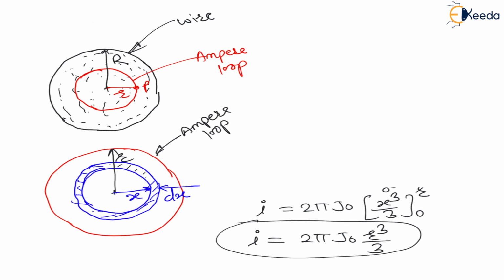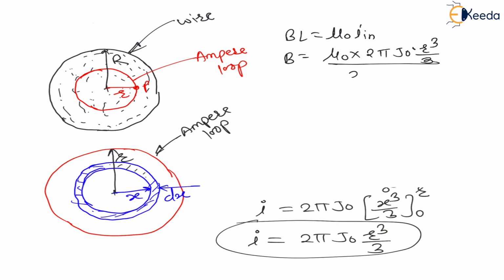From Ampere's Circuital Law, we know that B L is equal to mu naught I inside. Therefore, B is equal to mu naught I inside, which is 2 pi j naught into r cubed divided by 3, divided by the length. Length for the loop is 2 pi r. So 2 pi will get cancelled, one r will get cancelled, right?